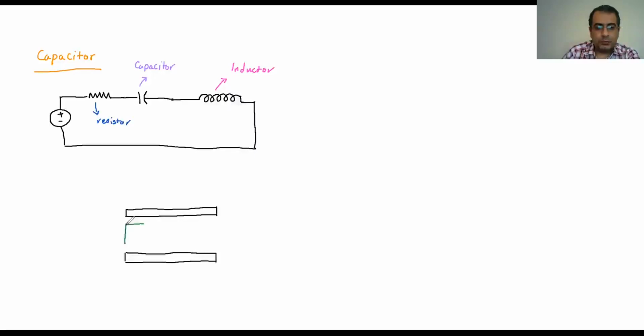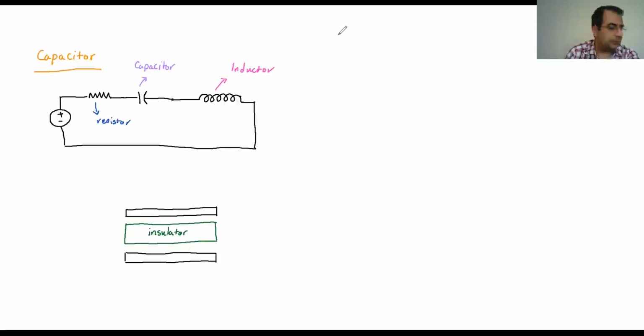So you have two plates of material that are conductor, and then you have this material inside between them, an insulator, so it doesn't let anything pass through. So you have two plates, and the insulation between them doesn't let anything pass from that plate to the other plate.